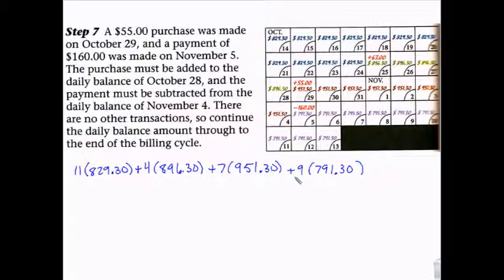Okay, so the sum, it tells you on your step 8 what the sum of the daily balances is. So when I multiply this, I get, and then I multiply 4 times 896.30.